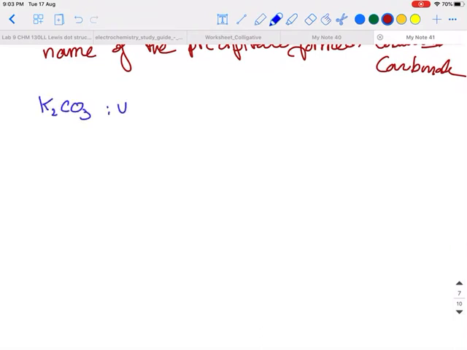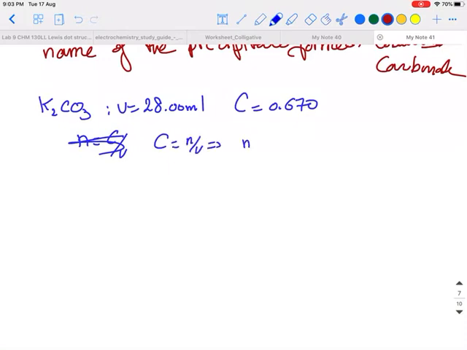So for potassium carbonate, the volume is 28 milliliters and the concentration 0.670. Definitely number of moles, C equals N over V, which means N equals C times V. Definitely the volume should be divided by 1,000 to change it into liters.